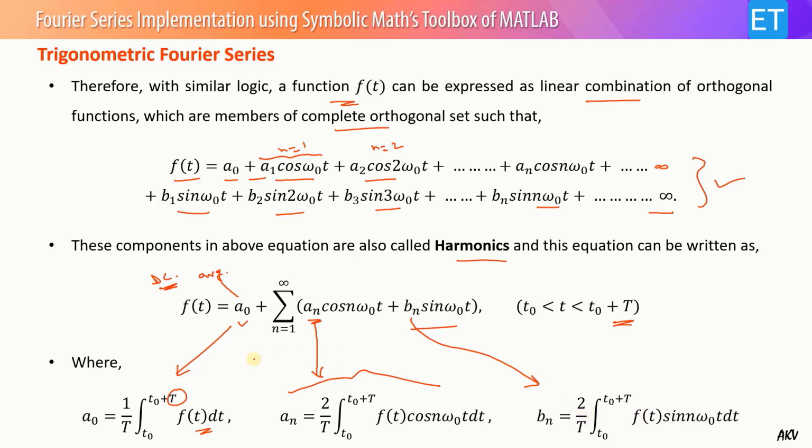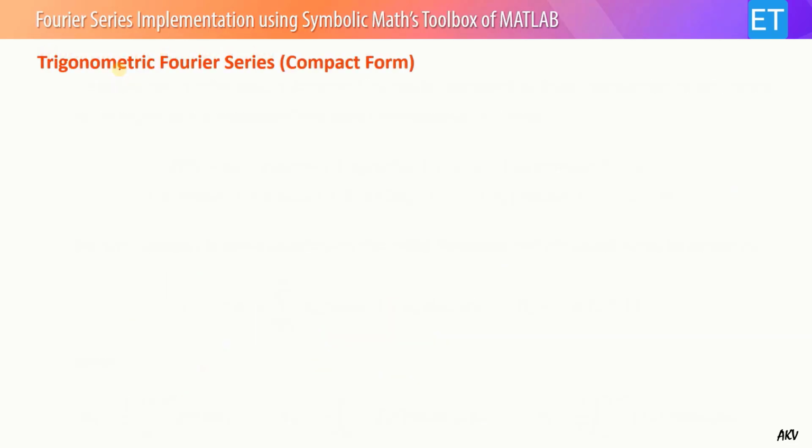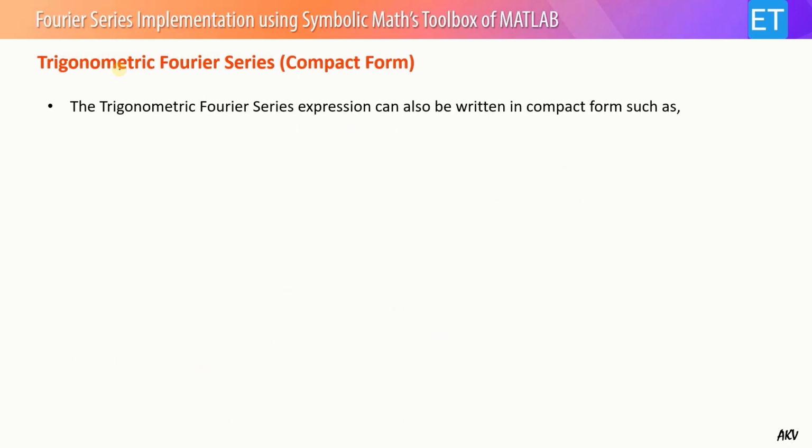Okay, so this equation which is representing f(t) in an infinite number of sine cosine harmonics is known as the trigonometric Fourier series. Okay, now let's see another form of trigonometric Fourier series, which is known as the compact form.